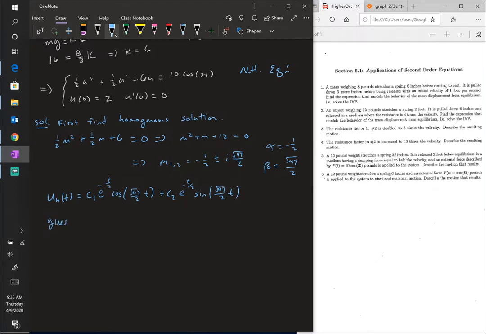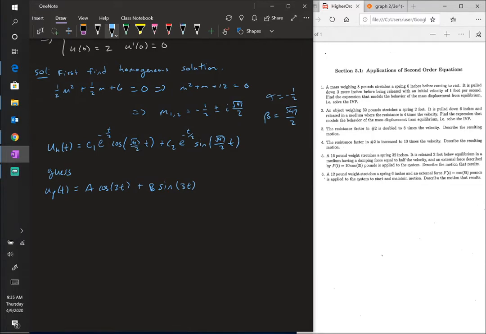And now we guess u p of t is some constant a times cosine of 3t plus some constant b times sine of 3t. u p prime is going to be -3a sine 3t plus 3b cosine 3t. u p double prime will be -9a cosine 3t minus 9b sine 3t.